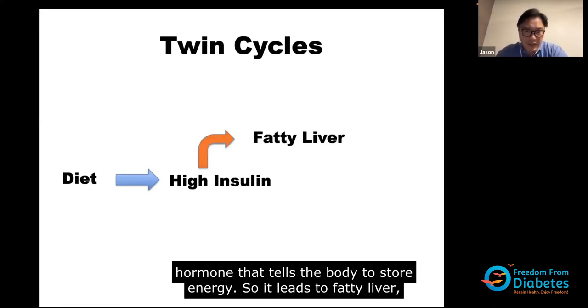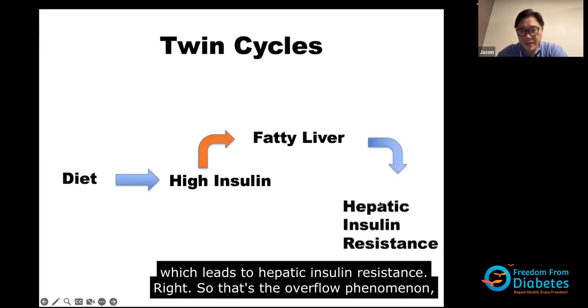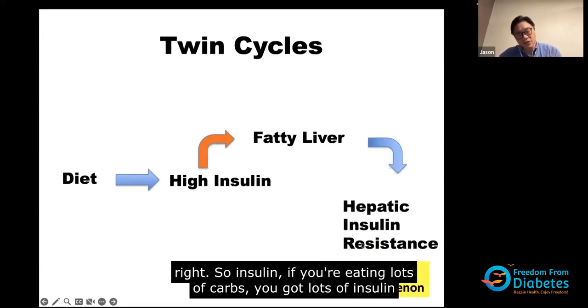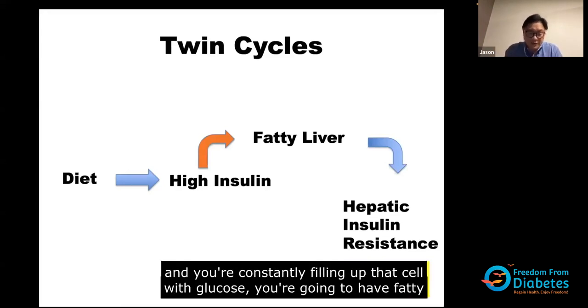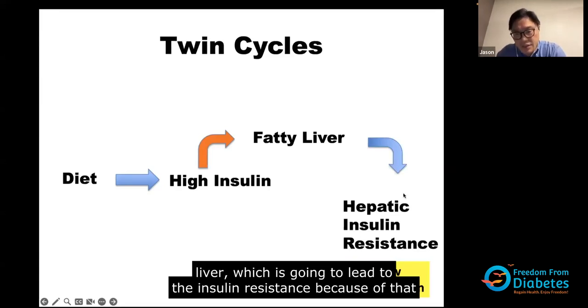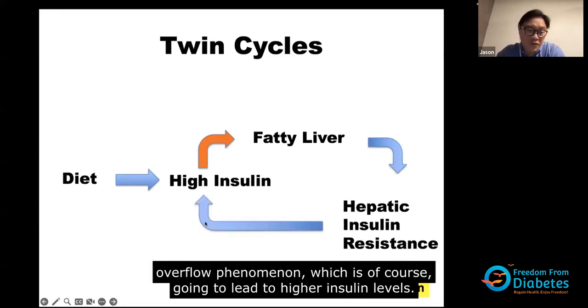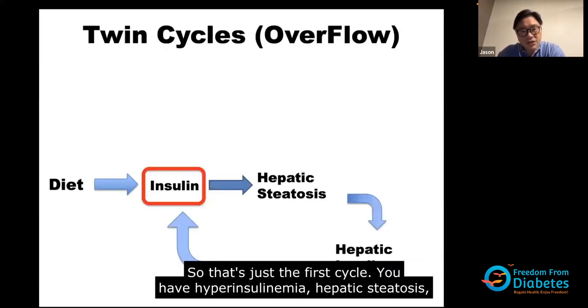So it leads to fatty liver, which leads to hepatic insulin resistance, right? So that's the overflow phenomenon. If you're eating lots of carbs, you've got lots of insulin, and you're constantly filling up that cell with glucose, you're going to have fatty liver, which is going to lead to insulin resistance because of that overflow phenomenon, which is, of course, going to lead to higher insulin levels. So that's just the first cycle.